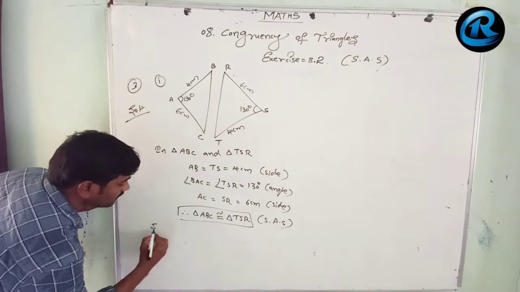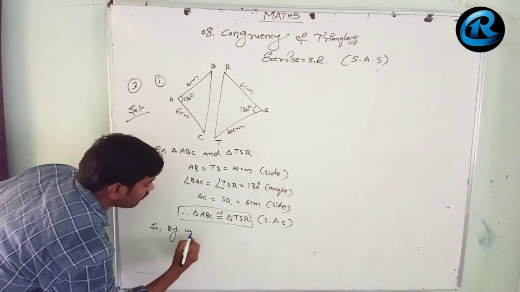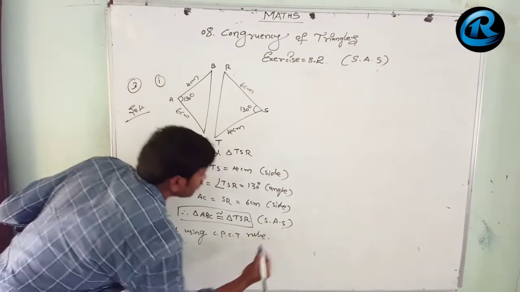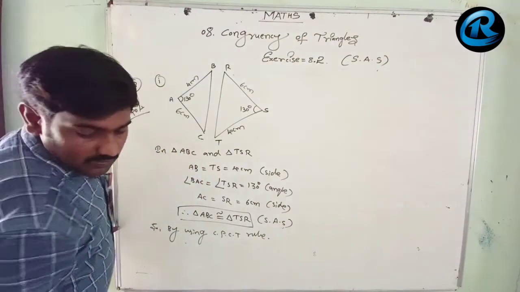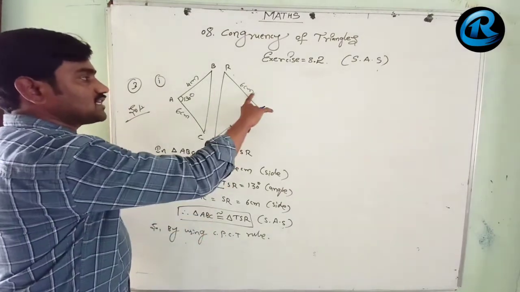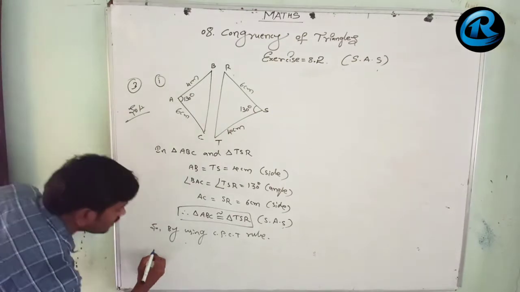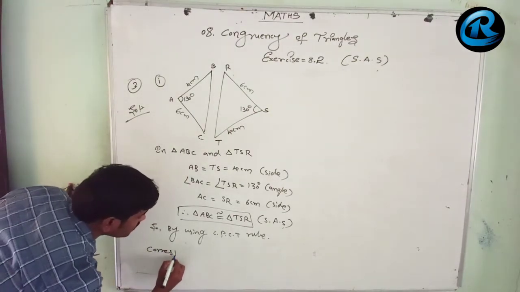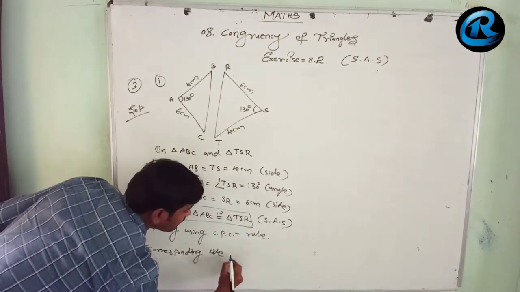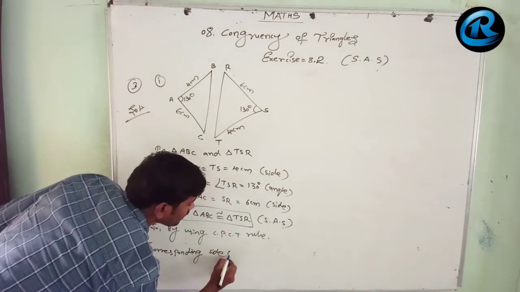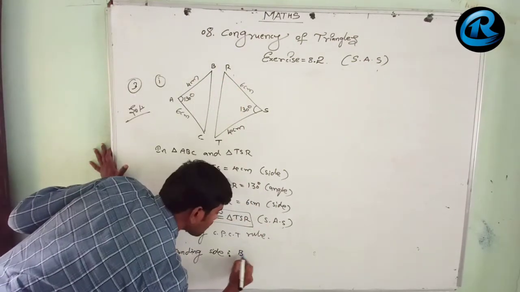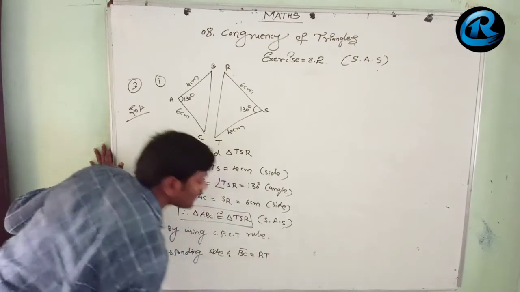So by using the CPCT rule, we write the corresponding sides and corresponding angles. Already two sides are given. The one more corresponding side: BC is equal to RT.